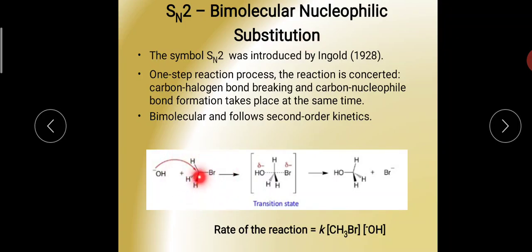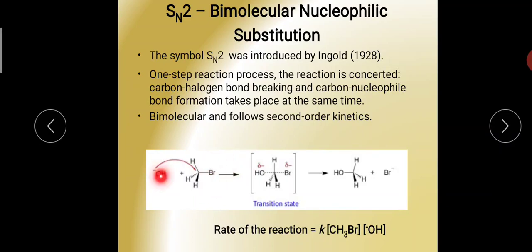In this case, this is your methyl bromide, and this OH minus is the nucleophile, which can also be called as an incoming group. This bromine atom will be leaving, and hence this is called the leaving group.